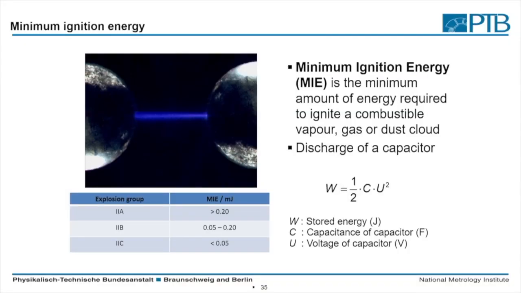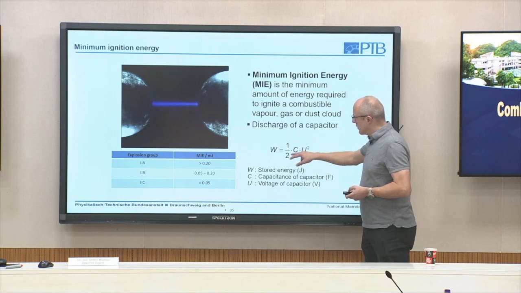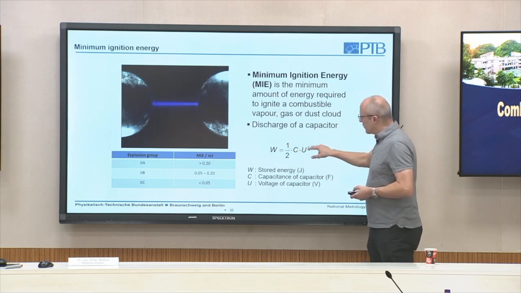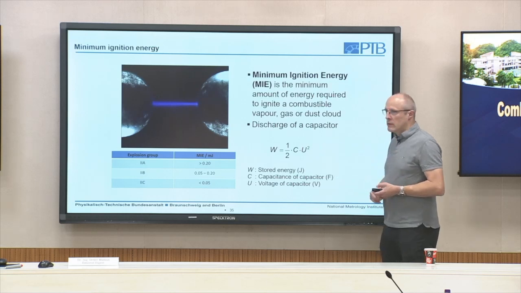The quantity minimum ignition energy we have discussed already in detail. That's the minimum energy stored in a capacitor, and the energy is then calculated as 1/2 C U squared, where U is the breakthrough voltage.